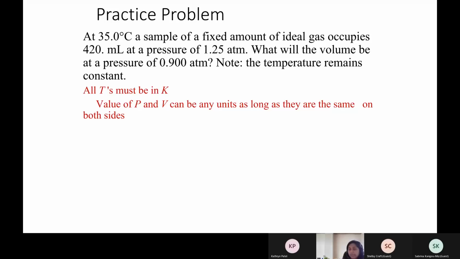Keep that in mind. We talked about the conversion from degrees Celsius into Kelvin in module 1. If you have forgotten these things, please go back and refresh your knowledge, because next week you are going to take the final exam.